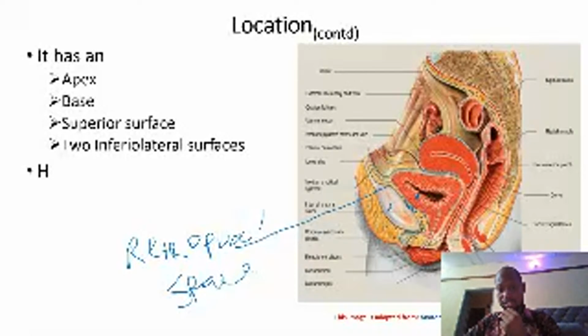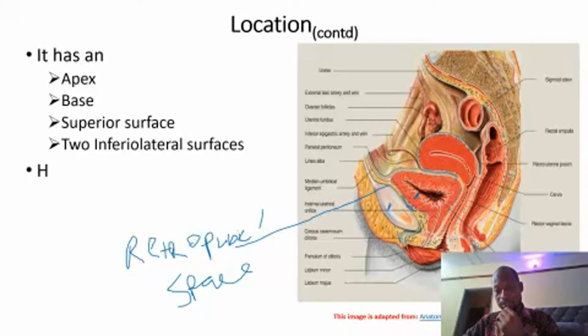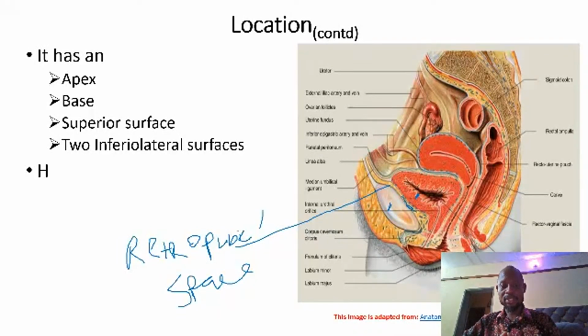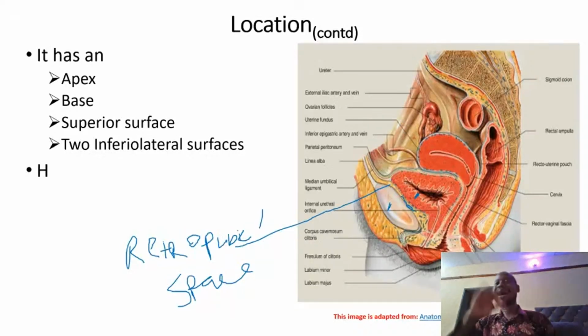And we will talk about the fact that they meet at the apex of the bladder, at the neck of the bladder. And also a space there, which is retroperitoneal. That means it covers only a part of the bladder.